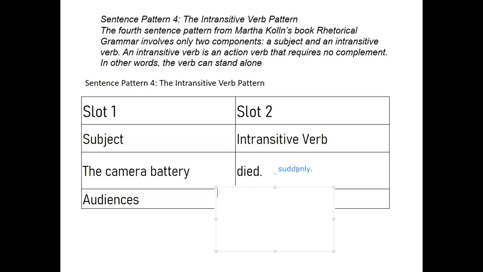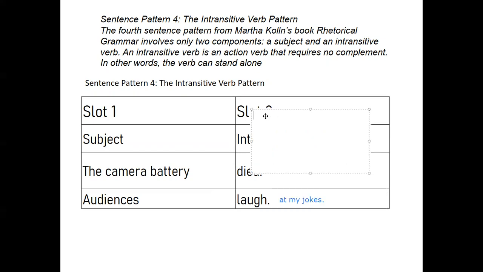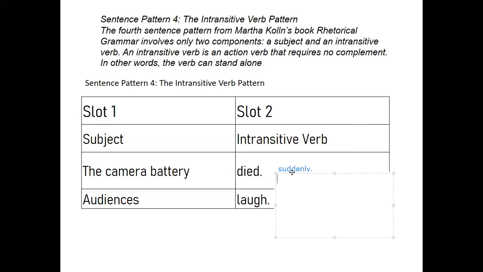We add an adverb that describes the verb died, like suddenly. But even if we remove suddenly, the meaning is still there. Audiences laugh at my jokes. Even if we remove my jokes, the meaning is still there.